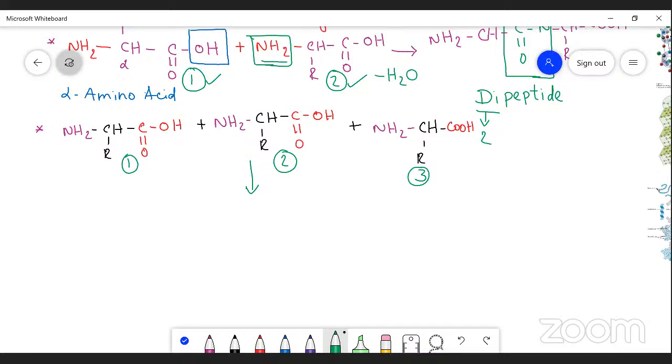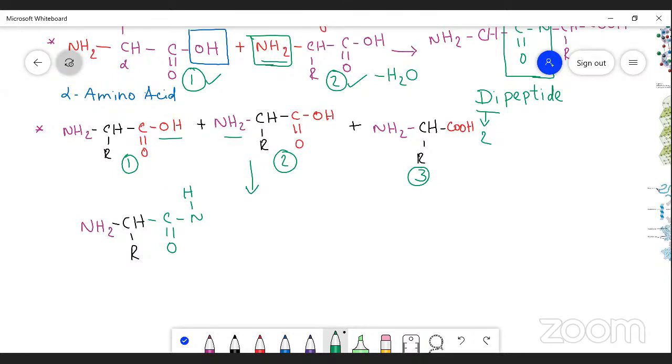Now we take the product. It is NH2, then CH and R, and here there is formation of a peptide bond. Here it is C double bond O and NH. These two react, so the OH group and the hydrogen react by removal of water.